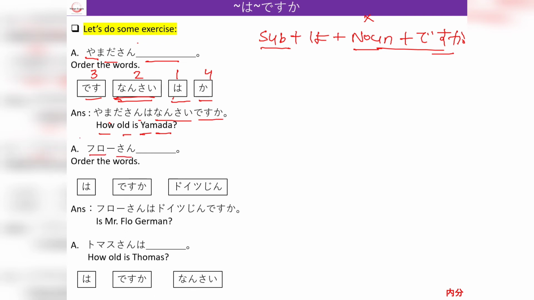Furo-san. Furo is floor, which is a name. Furo-san dash dash dash. Again we have to use this pattern, and this time we have a noun, which is Doitsujin. Doitsujin means German.